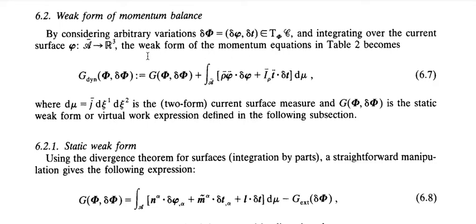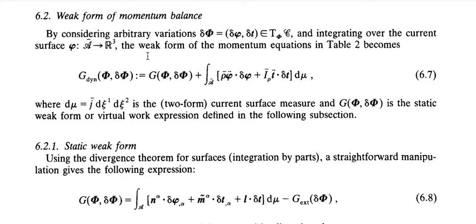It can be viewed as coming directly from the momentum balance equations by just multiplying by the variation quantities, or independently also through stress power. We have seen this equation can be seen to be coming out.